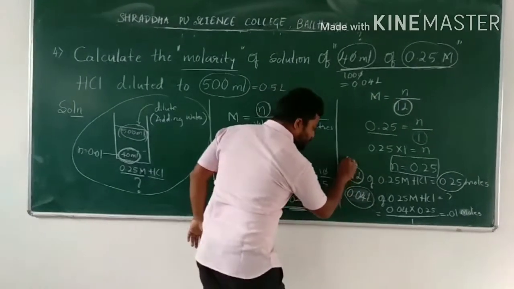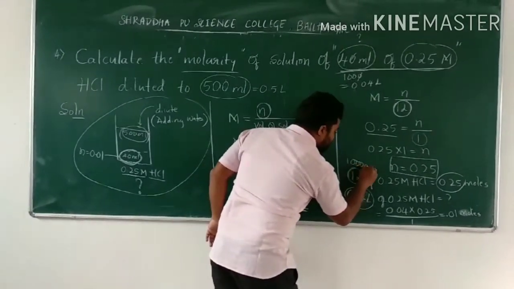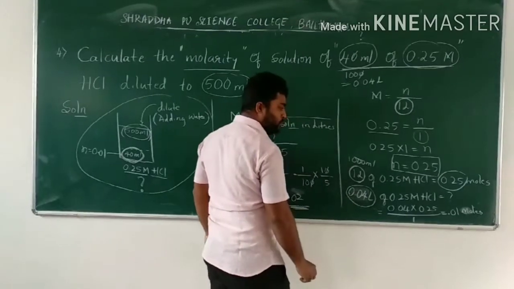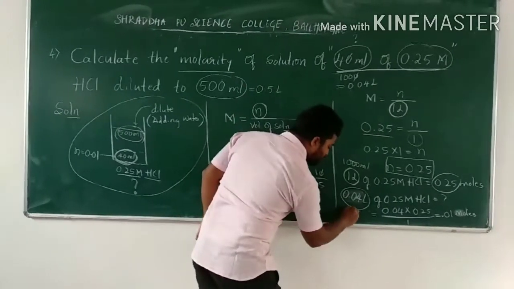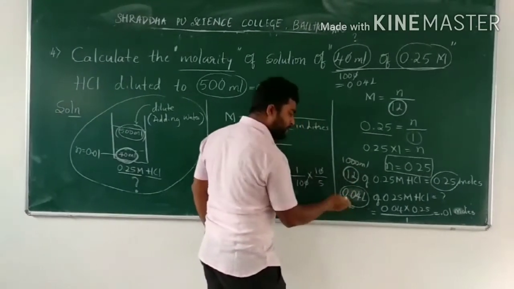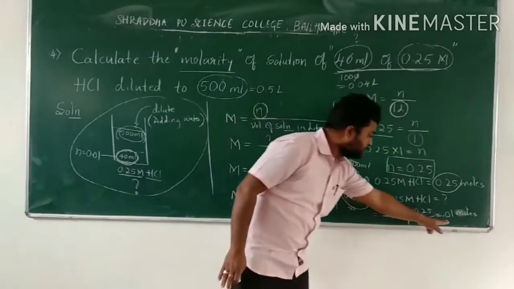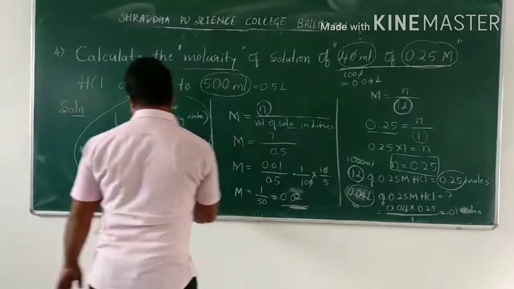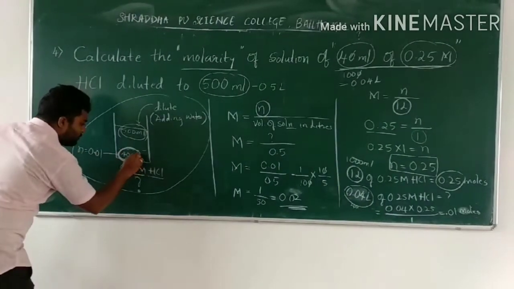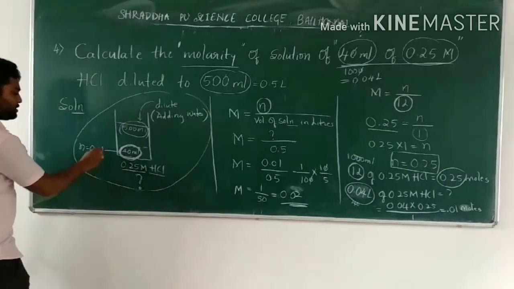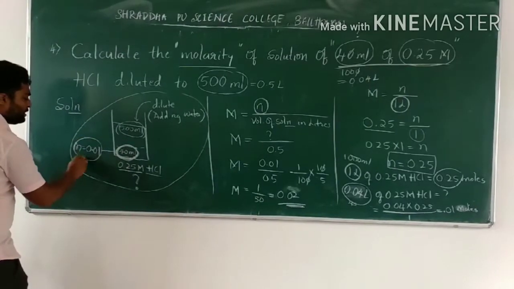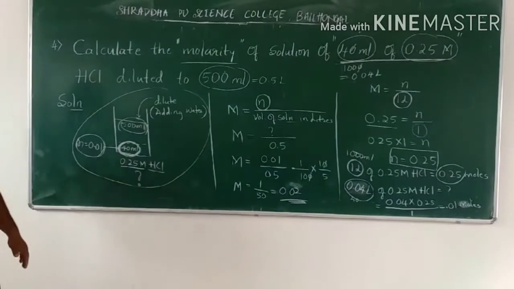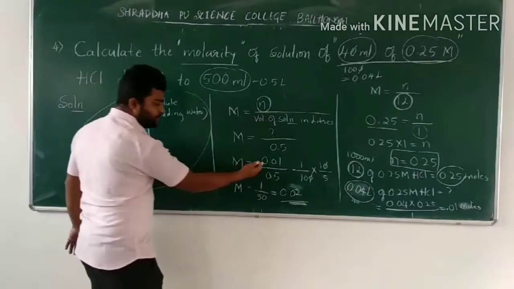Or you can write 1000 ml of 0.25 M HCl, and by that method also you get 0.01 moles. So this 40 ml of solution has 0.01 moles, which I am going to substitute here.